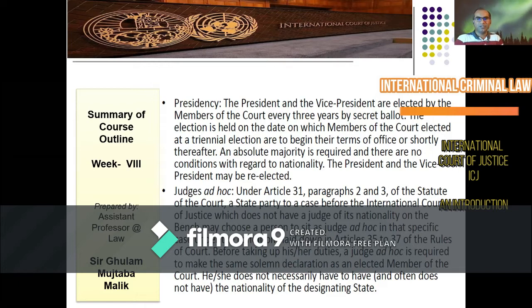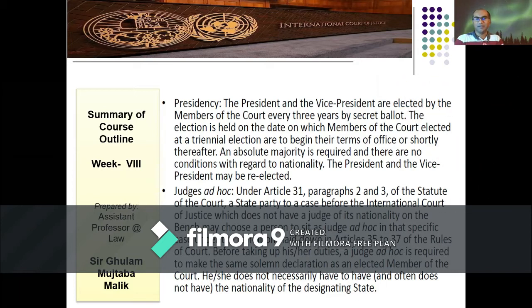Thereafter, under Article 31, paragraphs 2 and 3 of the statute of the court, a state party to a case before the International Court of Justice which does not have a judge of its nationality on the bench, as earlier discussed, may choose a person to sit as a judge ad hoc in that specific case under the conditions laid down in Articles 35 to 37 of the rules of the court.